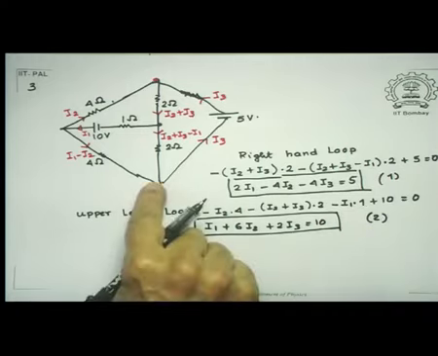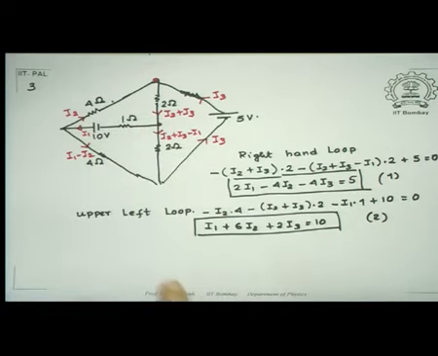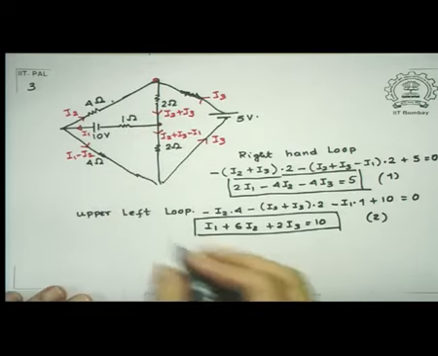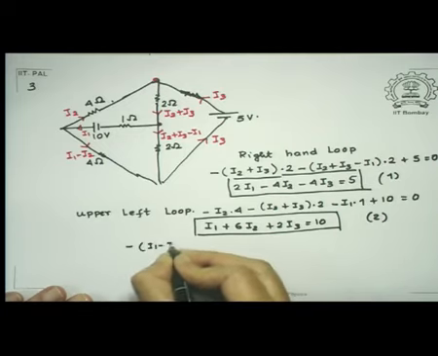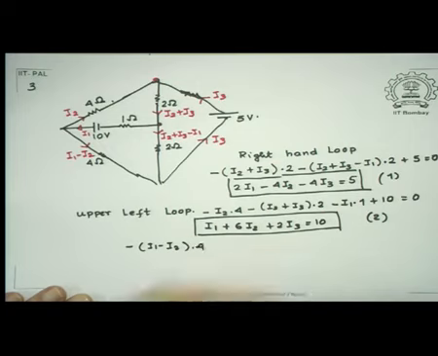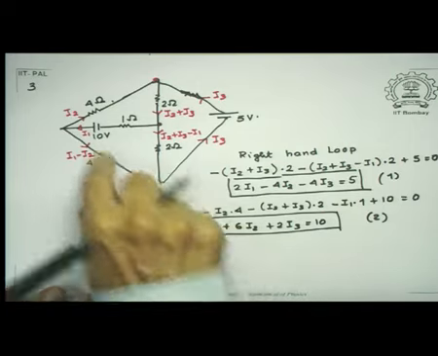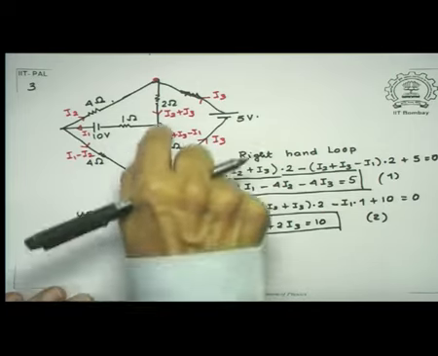And finally the lower left, if you do lower left, this is again minus I1 minus I2 into 4. This time I am going against the direction of current.